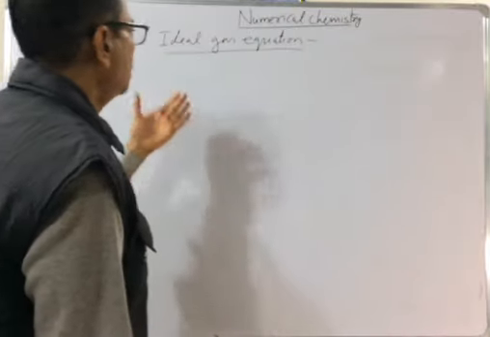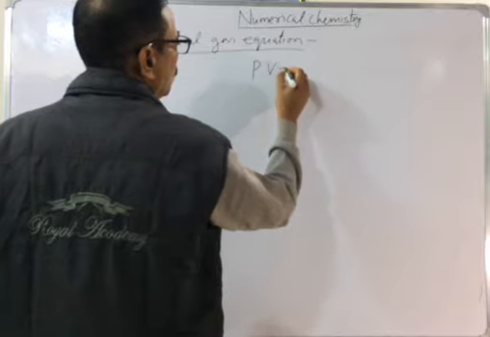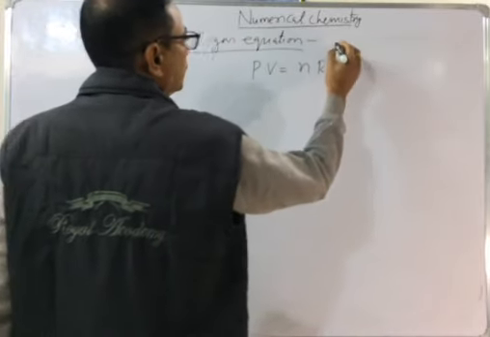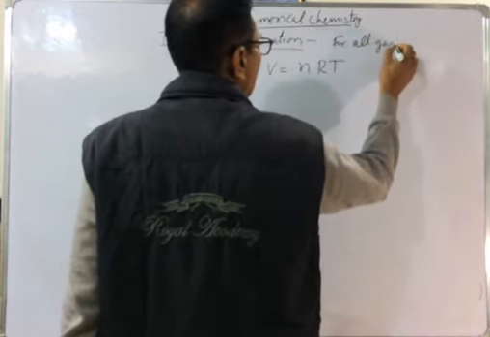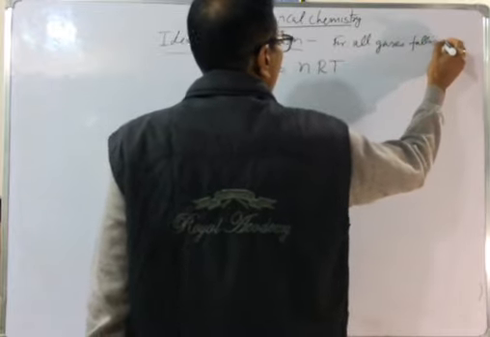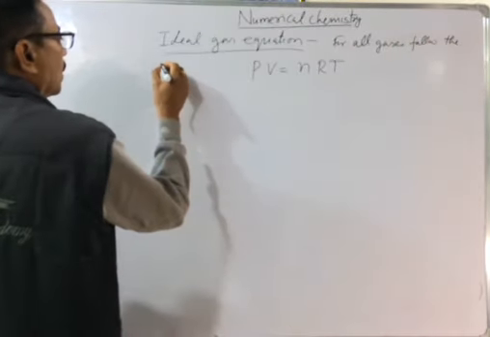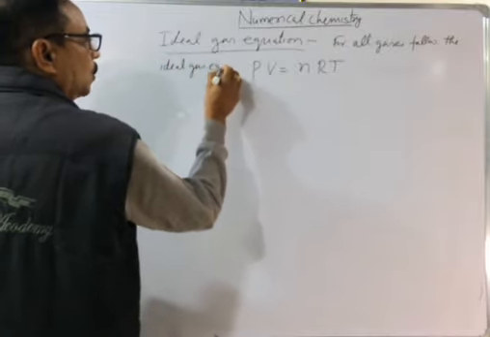So I just start from the ideal gas equation, PV equal to nRT. All gases follow the ideal gas equation.